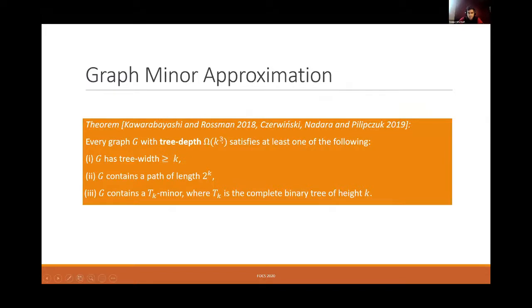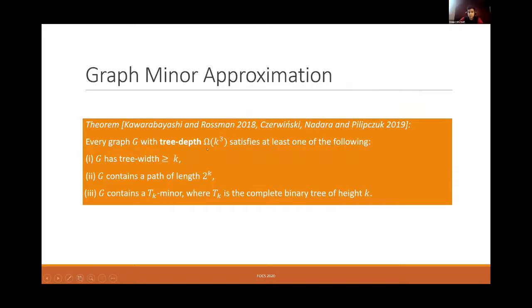This 3 in the exponent is why we have the tree depth to the 1/3 as well. If you had something like an omega of k here, then I guess it would have worked out. It's really because of this.